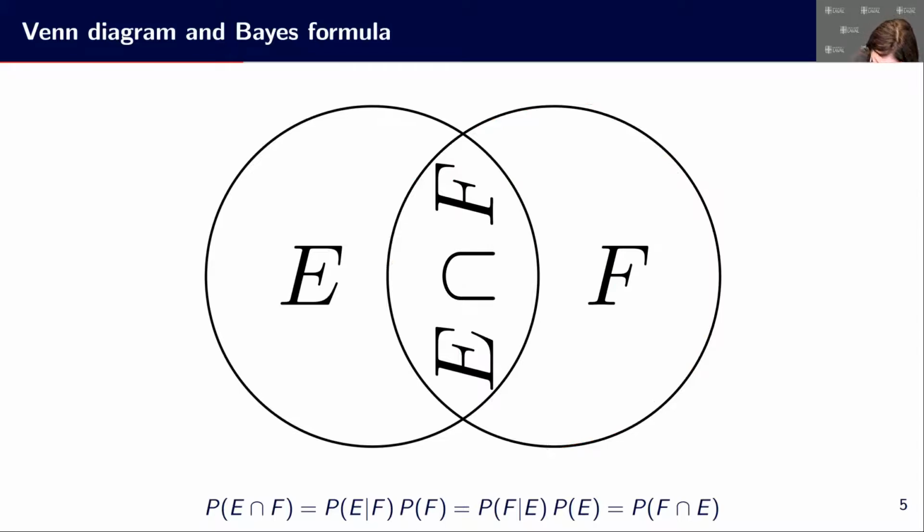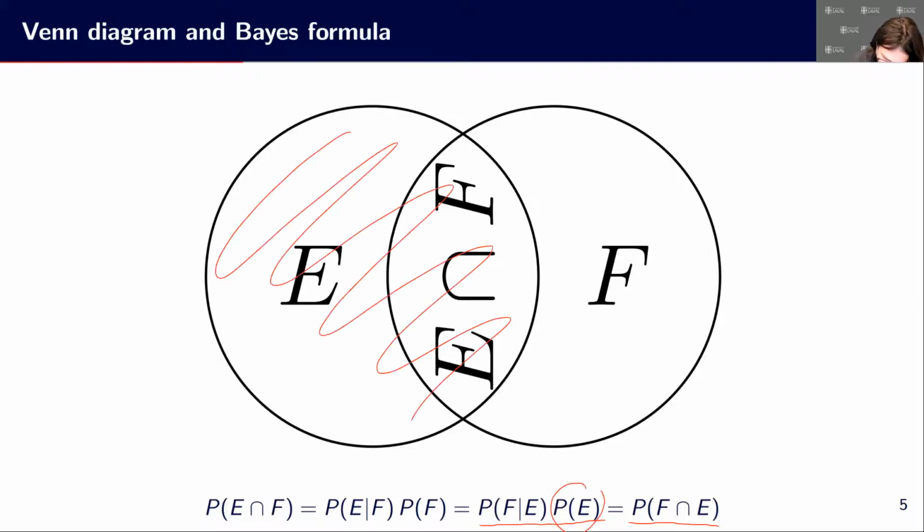Likewise, if we look at this thing here, what is the probability of getting F intersection E? Let's first look at the probability of being in E here. This is that region. And then we are looking at the probability of being in F given that we are in E. So this is that thing here.